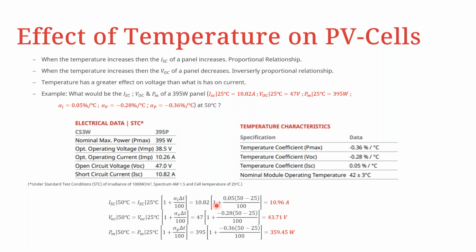We multiply that by one plus the coefficient we have for the current, 0.05% per degree centigrade, times the temperature we want to monitor minus the standard testing temperature, which is 25, divided by 100. That means that at 50 degrees centigrade, this module will be outputting a current of 10.96 amps.